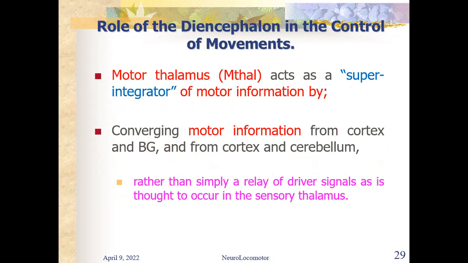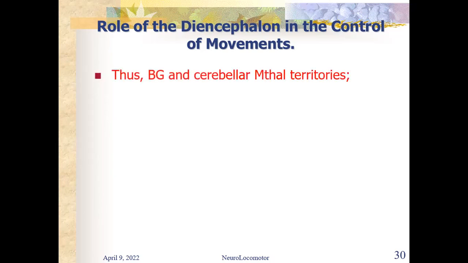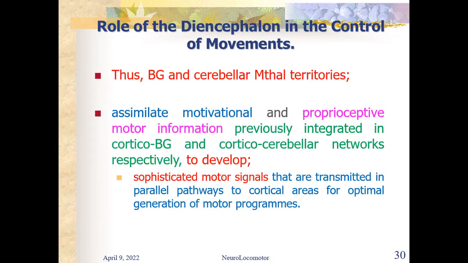It is not simply a relay center for signals. What it does is that it assimilates motivational and proprioceptive motor information, as that information is being passed between the basal ganglia, the premotor cortex, and the intermediate cerebellum.